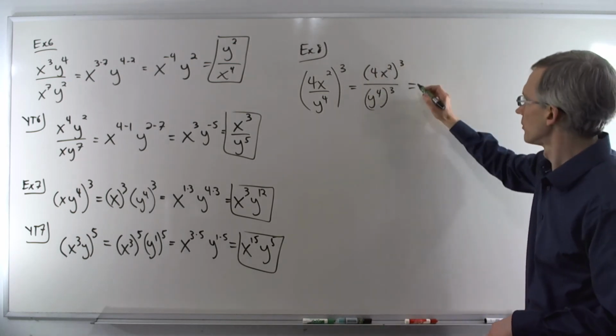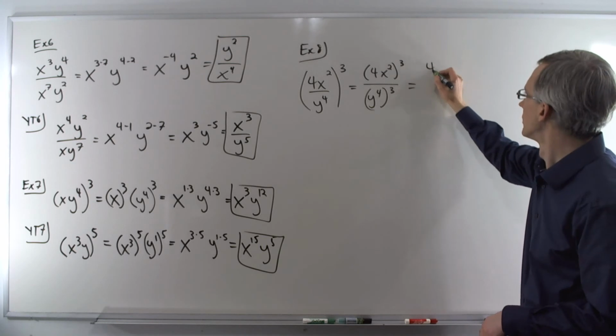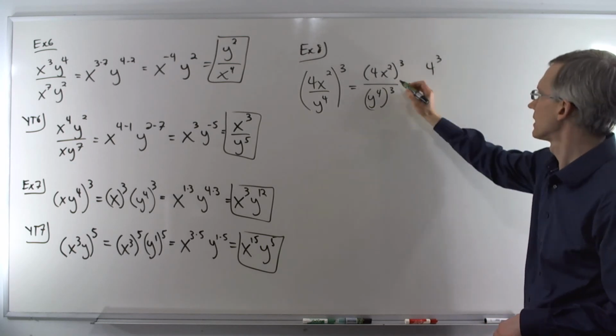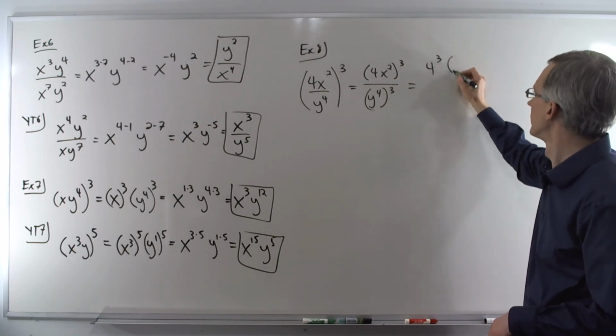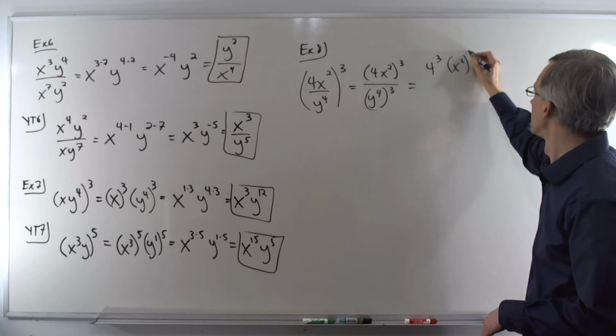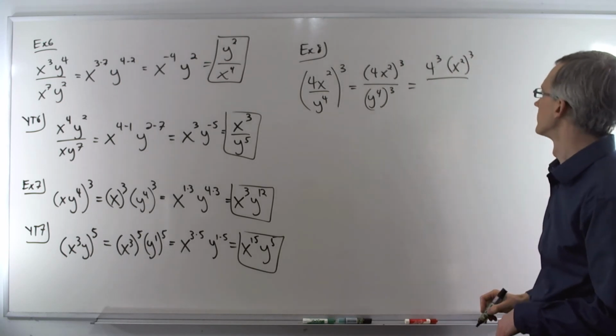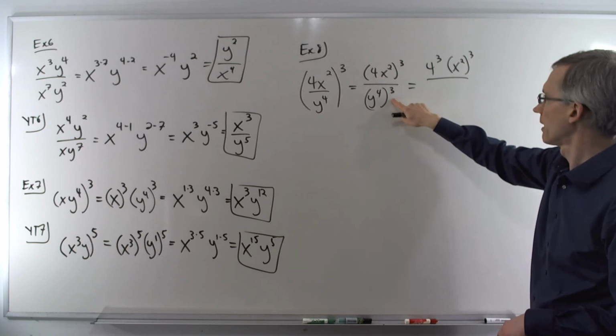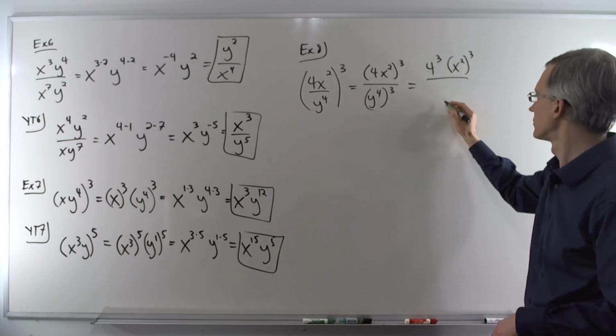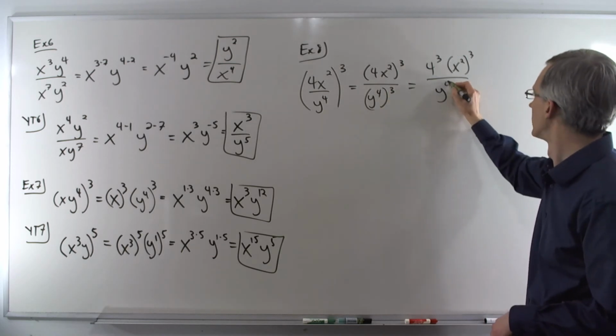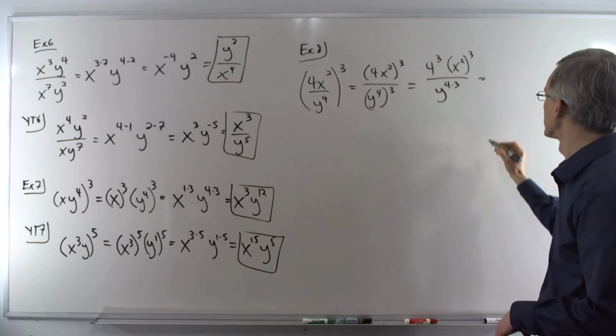Okay, now we use power rule B, apply it to every factor inside the parentheses, so 4 to the third, and x squared to the third. And here we've got power to a power. 4 times 3 is 12. Just write it as 4 times 3 this step.